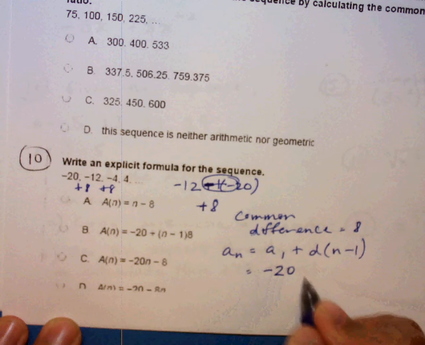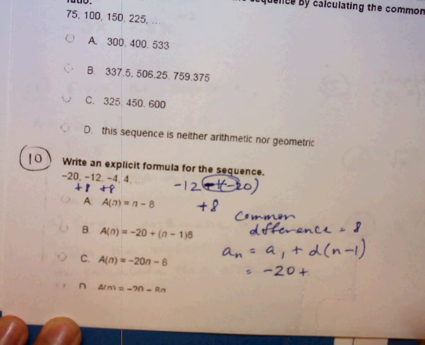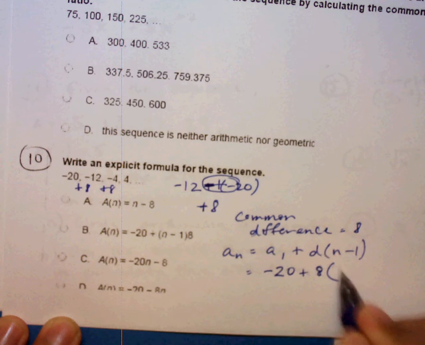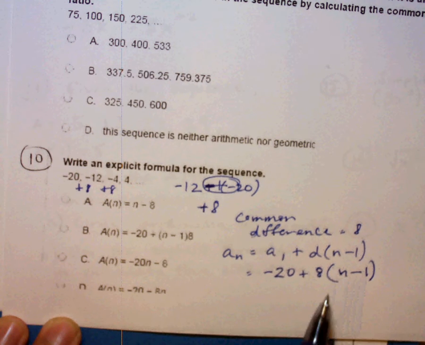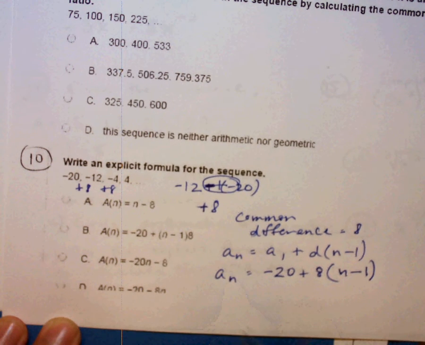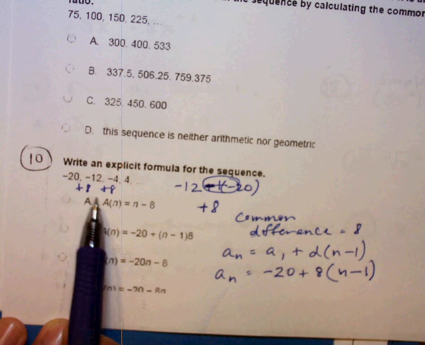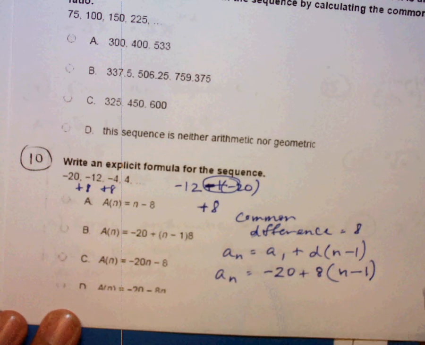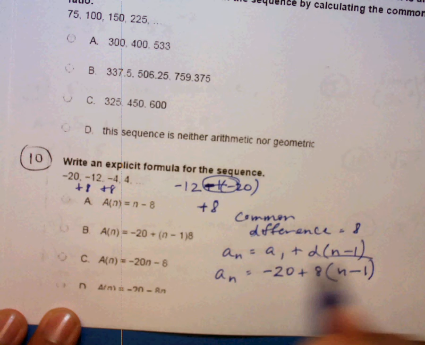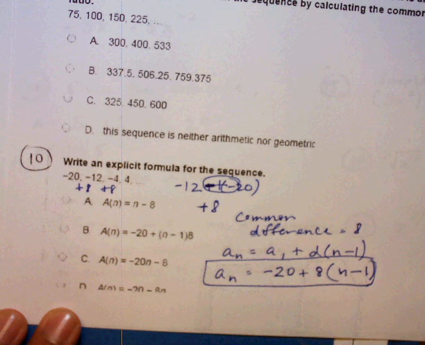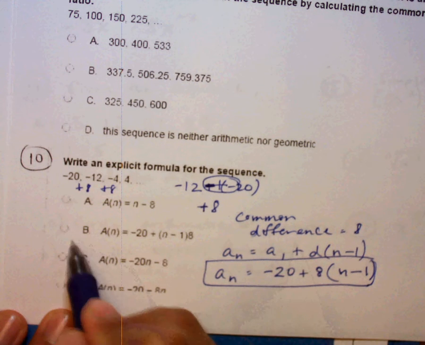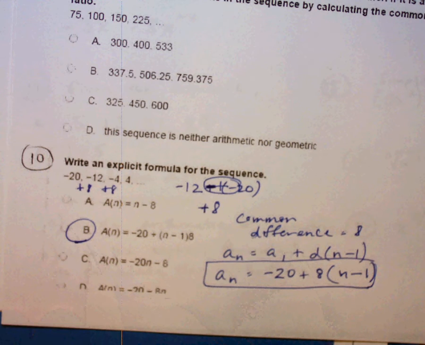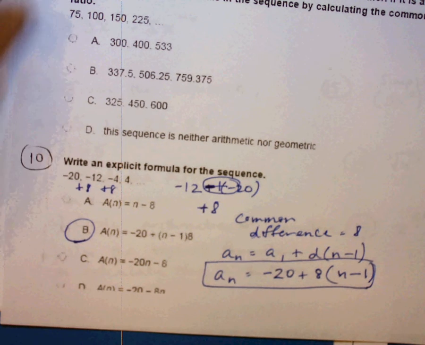A sub 1 is your first term in the sequence, so that is negative 20, plus your common difference, which is 8, times n minus 1. The n means you're finding a specific number within the sequence, and in this case we're not given that, so we just leave it as n. So this is your equation, which means the correct answer is B.